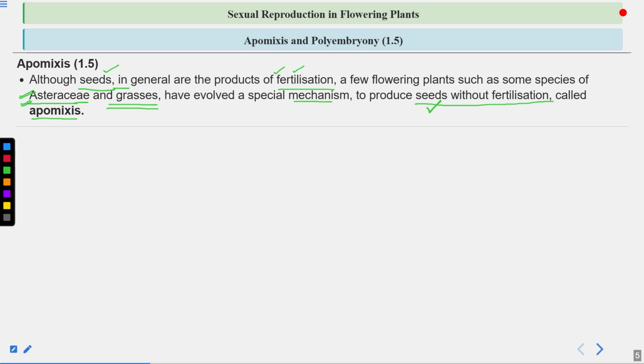Wheat and maize are very common species in which we see apomixis. So seeds produced without fertilization is apomixis. This is a very important point and you must remember. And what does it create? It creates clones because it is an asexual method of formation of seeds.